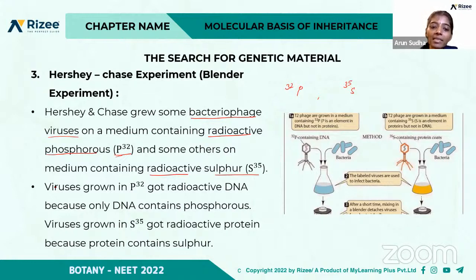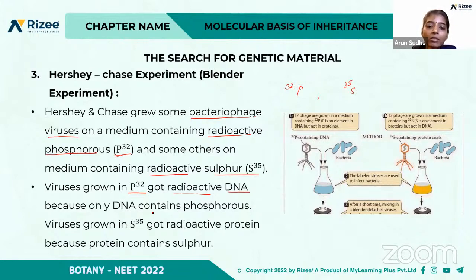Then the viruses which were grown in P32 got radioactive DNA. These viruses have radioactive DNA because the phosphorus is incorporated into the DNA. You know the structure of DNA, right? There occurs the nitrogenous base, and then sugar and phosphate. So this phosphorus is now radioactively labeled.